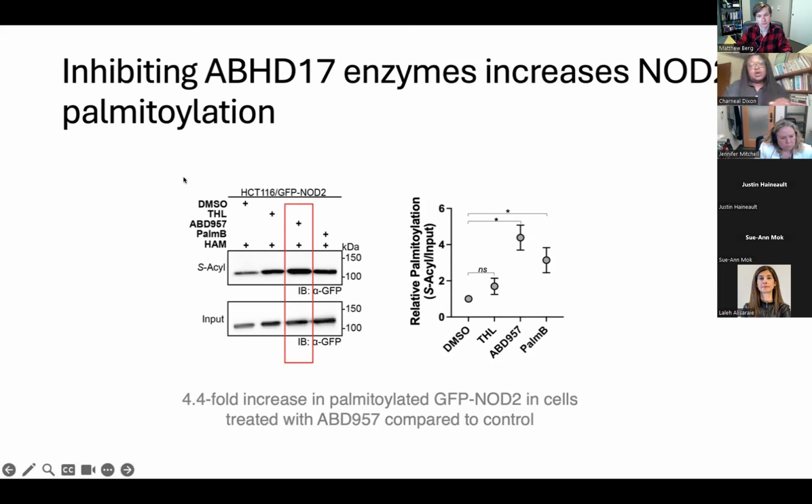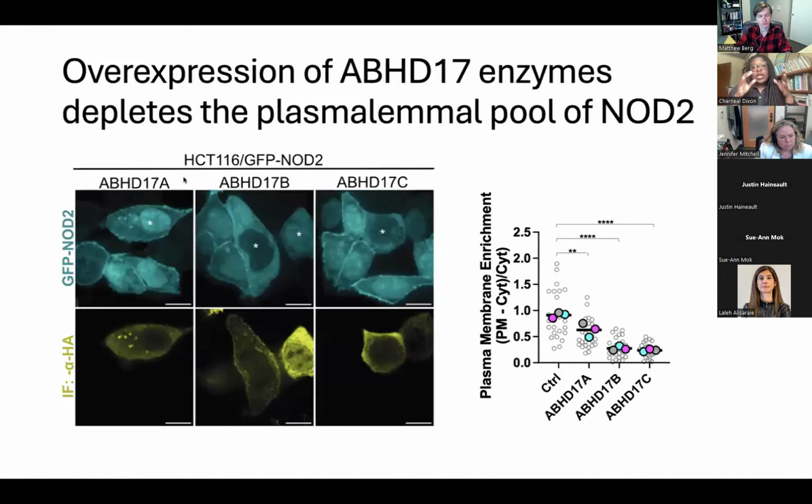Okay, so having narrowed down a possible list of candidate enzymes using chemical inhibitors, we next examined the cellular consequences of overexpressing the individual thioesterases that were targeted by ABD957. So we knew from prior work that preventing NOD2 palmitoylation, either by mutating cysteines or treating the cells with chemical inhibitors like 2-bromopalmitate, would prevent NOD2 from localizing on the plasma membrane.